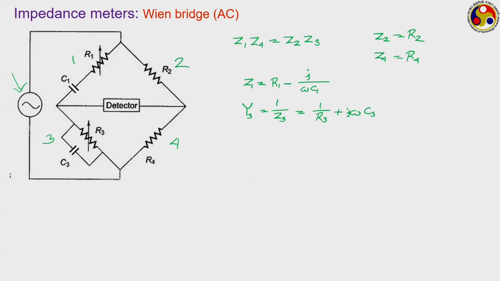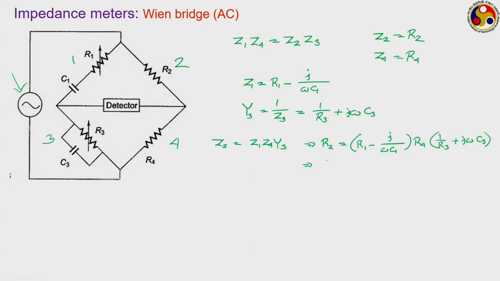So, with this principle, now we know that we have Z1 Z4 equal to Z2 Z3, or we modify this as Z2 is equal to Z1 Z4 Y3. So, putting the values, Z2 is equal to R2 is equal to Z1, that is R1 minus j upon omega C1, into Z4 which is R4, and Y3 which is 1 upon R3 plus j omega C3.